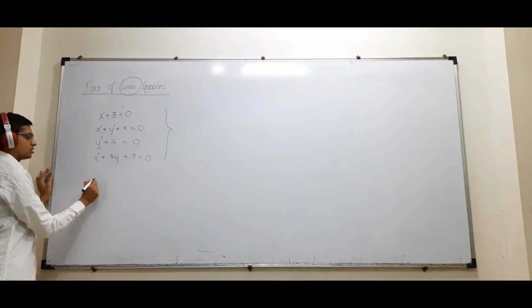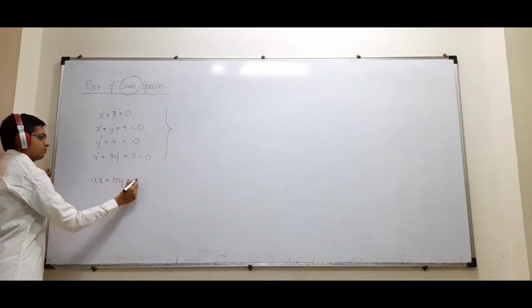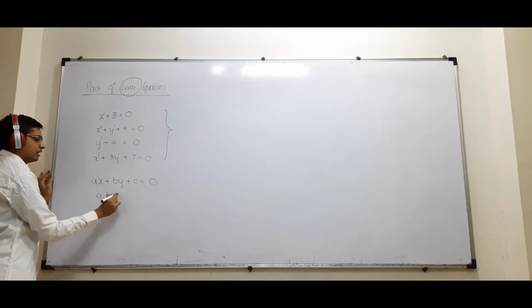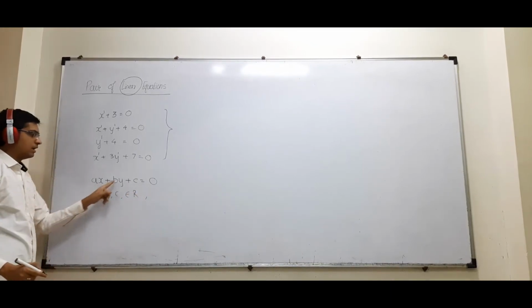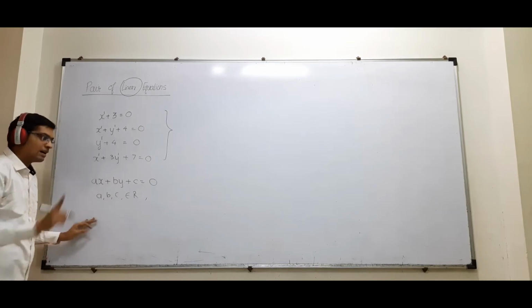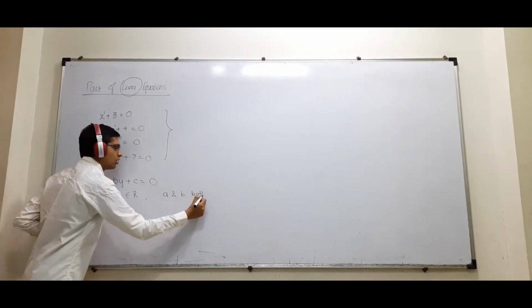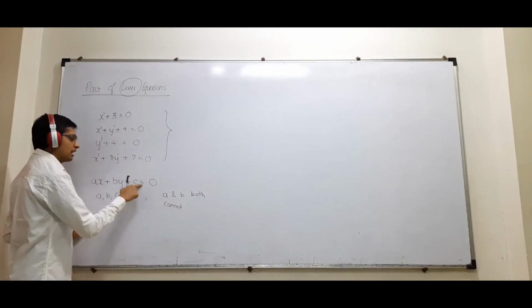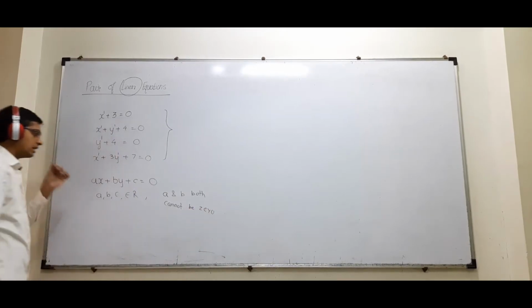So an equation of the form ax plus by plus c equal to 0, where a, b, c belong to real numbers, that is a, b, c are nothing but your constants, but at the same time a and b both cannot be 0, because if they become 0, c will also become 0, which is not possible. So a and b both cannot be 0.